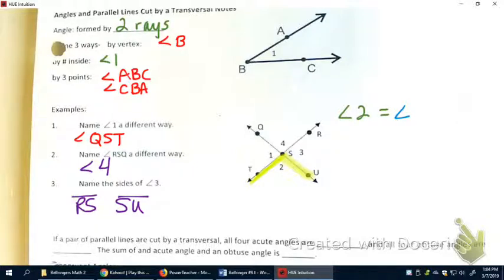You're going to say the three letters that are on that highlighted part. Remember, the one in the middle goes in the middle. So what could you say? TSU. TSU would work. You could also say UST.